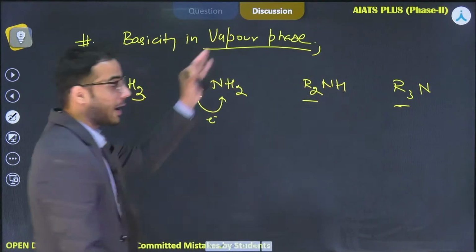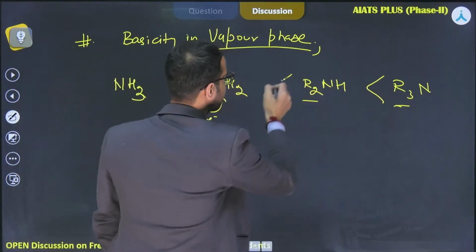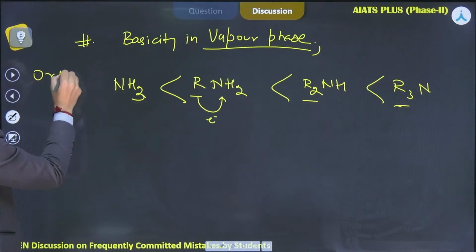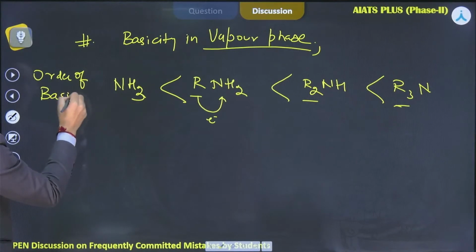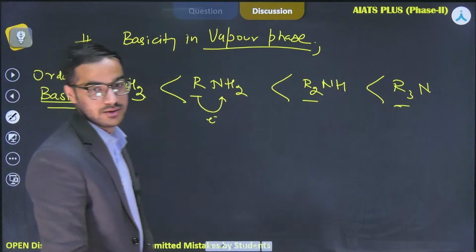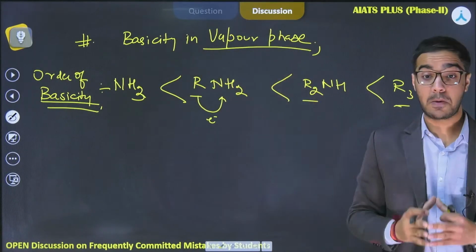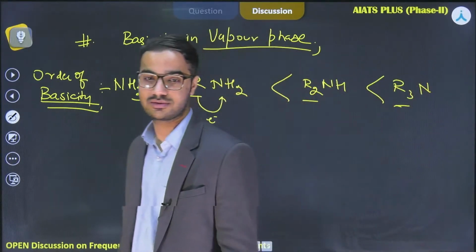So in vapor phase, the order of basicity is this. This is the order of basicity. Is it clear? This is very simple in the vapor phase. But the trick arises in terms of aqueous solution.